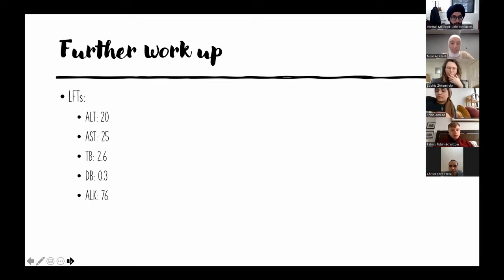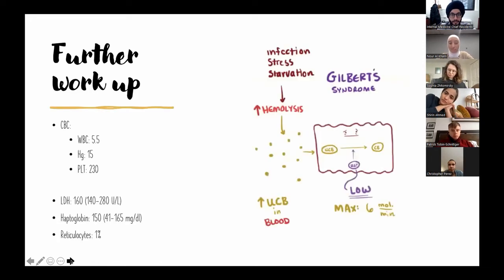I just want to make sure that this is only indirect and Gilbert. I want to do a CBC to make sure he doesn't have an underlying hemolysis disorder. So his hemoglobin is normal, LDH normal, haptoglobin was normal, and reticulocytes in the normal range.